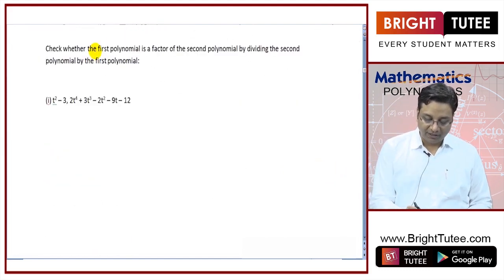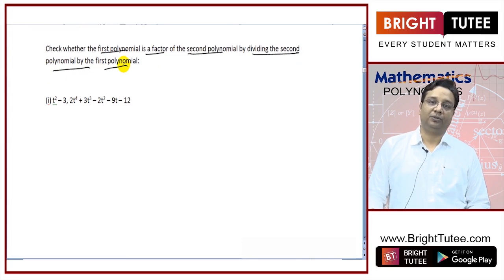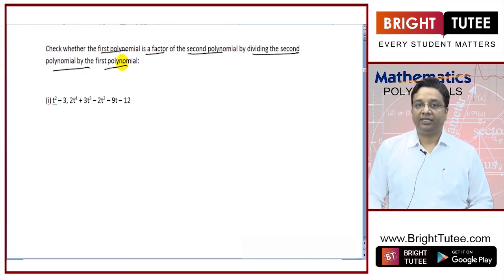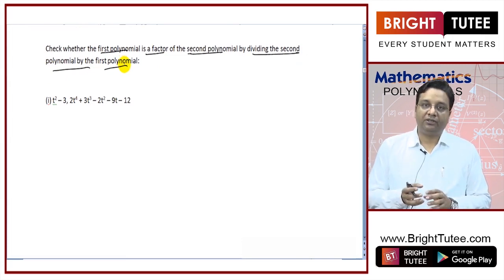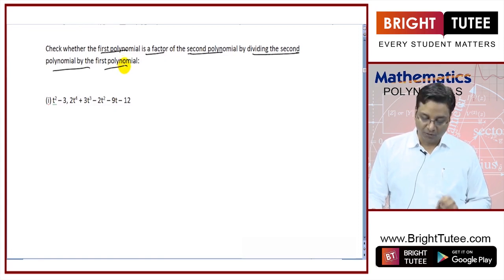Now we need to check whether the first polynomial is a factor of the second polynomial by dividing the second polynomial by the first polynomial. What did we discuss about for a polynomial to be a factor of another polynomial? It has to divide it completely, leaving no remainder, right? The remainder in this case will be 0.